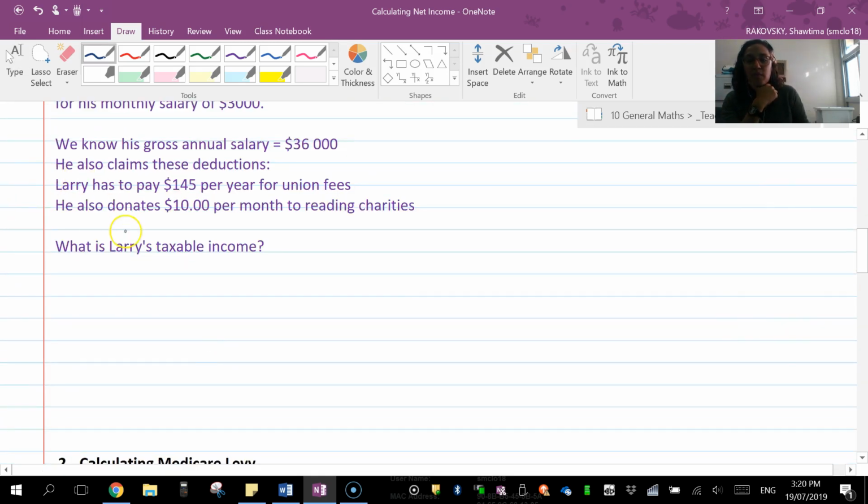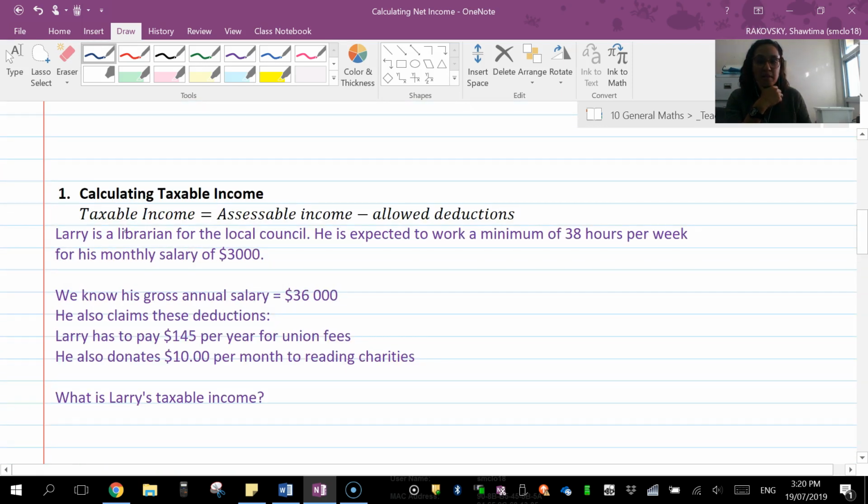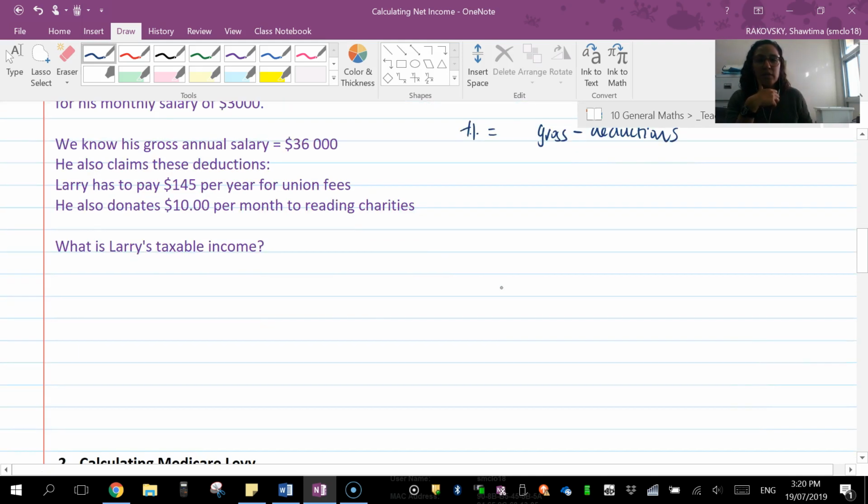So remember that taxable income is going to be your gross or your assessable income, that's just another way of saying that, gross minus the deductions. So taxable income equals 36,000, but we don't know what our deductions are at the moment.